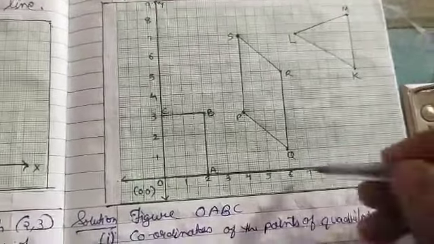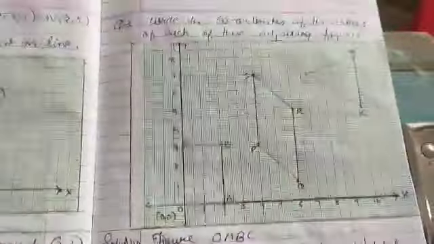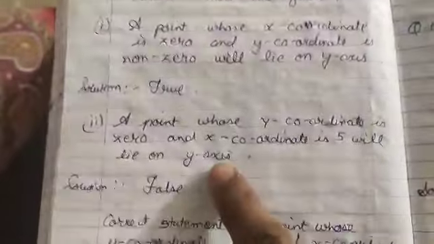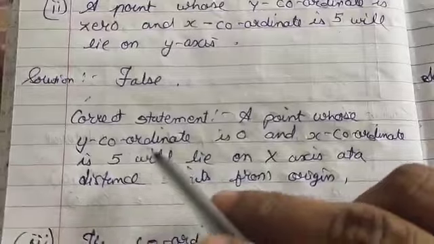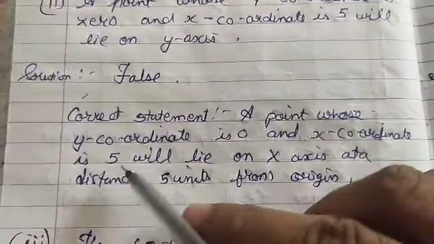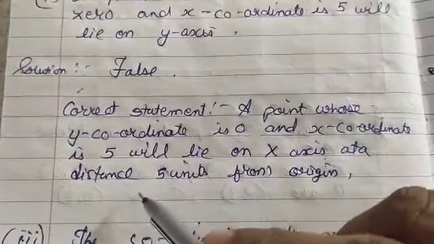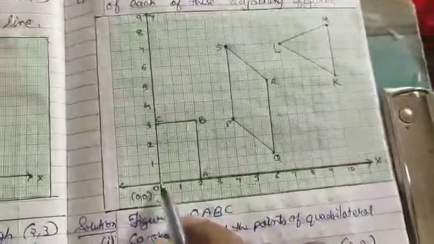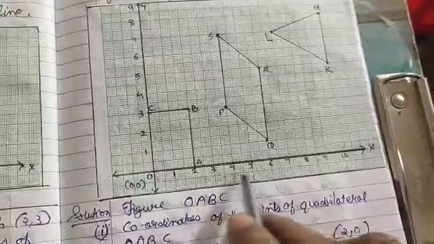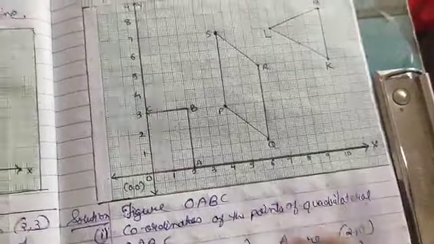So it will lie on the x axis, not the y axis. And here it is given that it lies on the y axis, so that means it is false. The correct statement: a point whose y coordinate is 0 and x coordinate is 5 will lie on the x axis at a distance of 5 units from the origin.